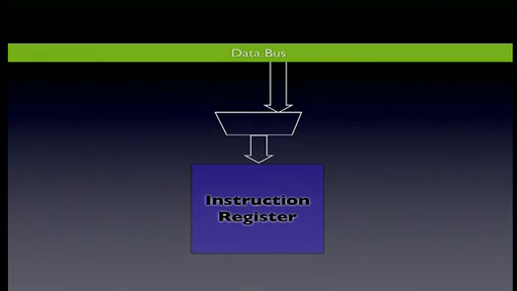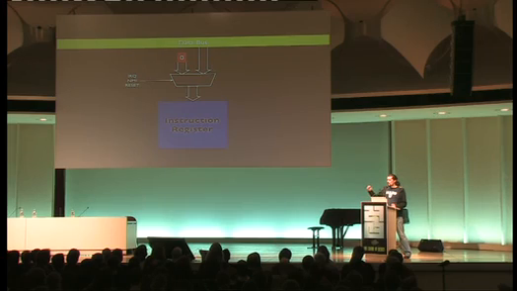What it does is, normally the instruction register, the opcode, is fed by the opcode that comes from the data bus. But there's also a 0 input, and the IRQ, NMI, and reset lines go in there. So whenever there's an IRQ, NMI, or a reset, then the instruction register is not loaded with the actual instruction, but with a 0. So what this does is it injects a 0 into the program stream.